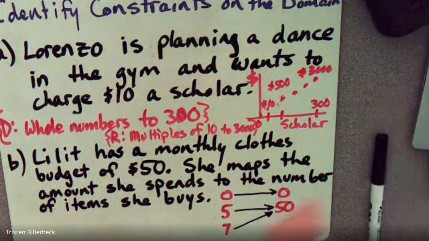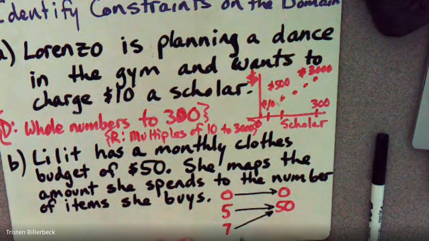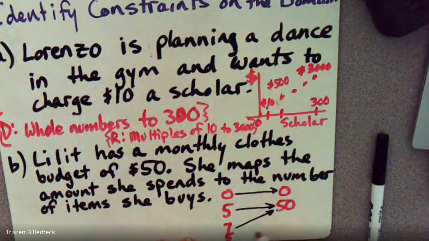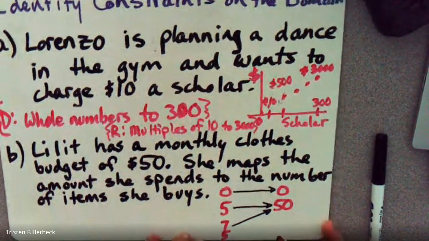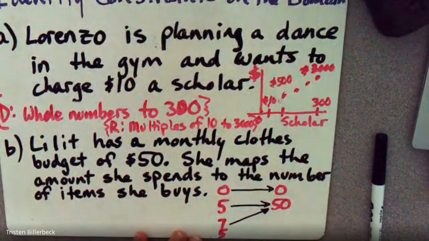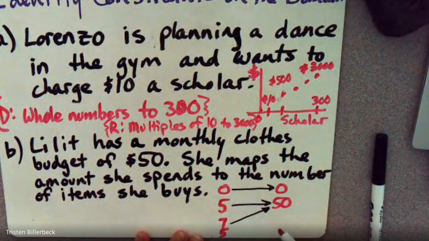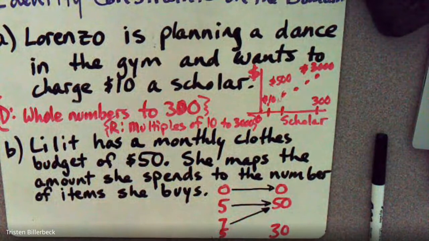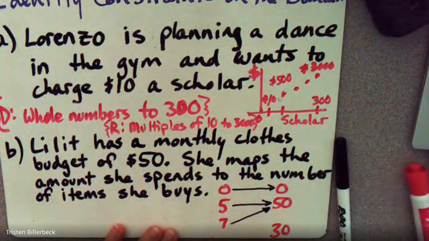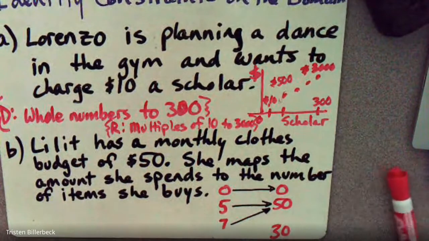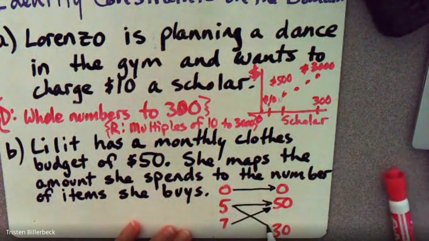But we could buy 5 items and it could be something other than $50 if we didn't buy the expensive item. Let's say we bought t-shirts and some shorts and they were only $30. So I don't need to write 5 twice here, but I do see that I could do that.